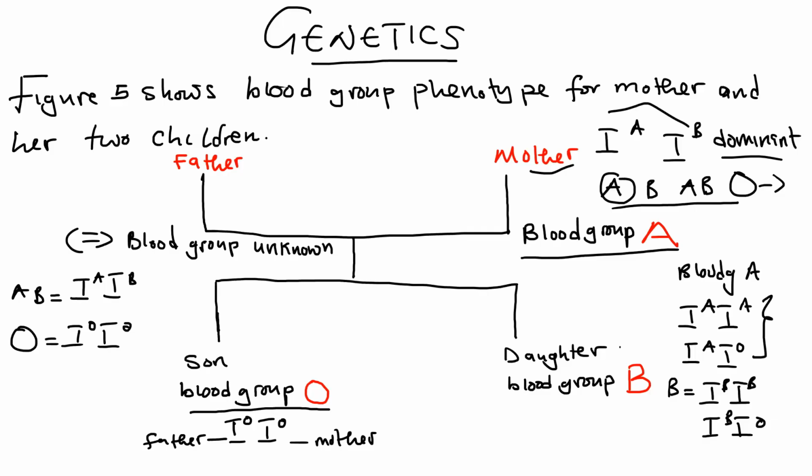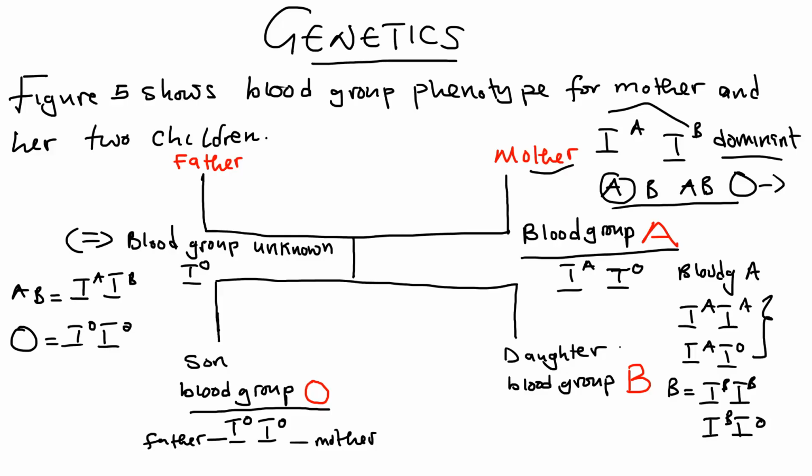So the mother contributed O, and the father also contributed O. So in the blood group of the father there should be an O allele, and also in the mother there should be an O. Now they are saying the mother is blood group A, so the only allele remaining is A. So this is the genotype of the mother, AO.